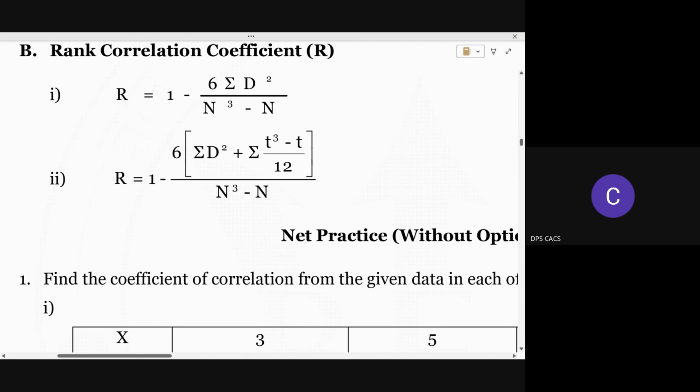Yes. Done now. Formula number 2. Chalk it there. Formula number 2 of correlation. Fast.